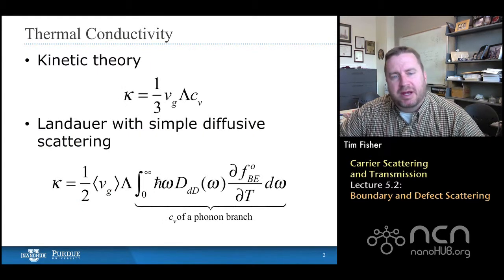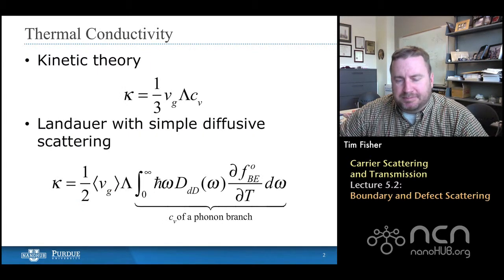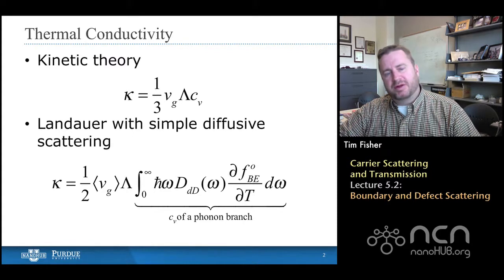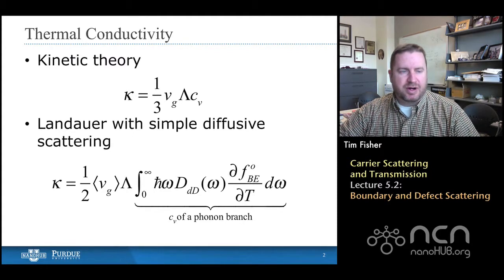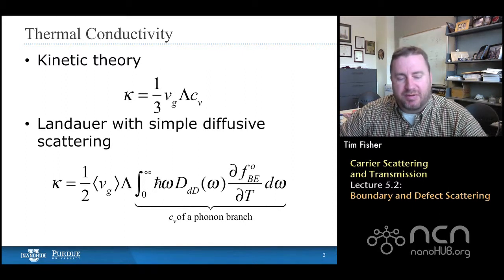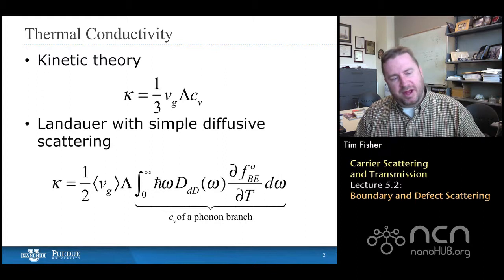So I'll start by reminding you what we did last time. We talked about essentially a simple scattering model and a transmission model for thermal conductivity in the Landauer framework. And what we did there is we pulled the mean free path, that's lambda, out of the integral.